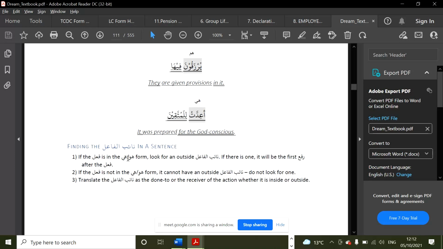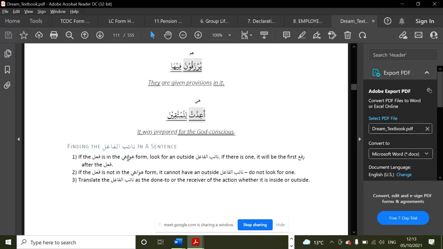And it is in the passive form. How did you identify it's in passive form? Because the letters have been changed, like what you said in the lesson. The first is a dhamma.